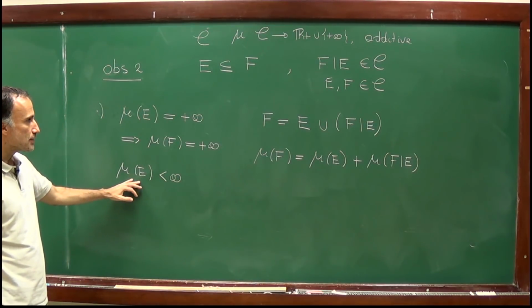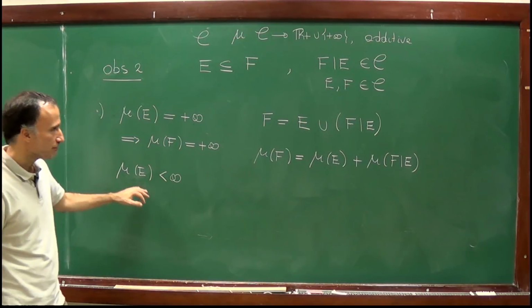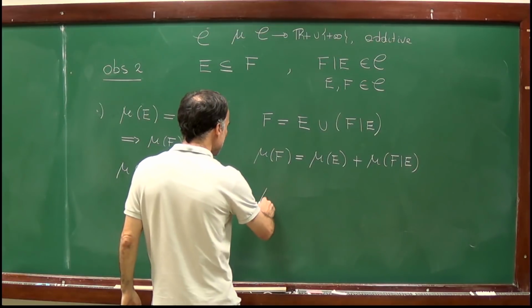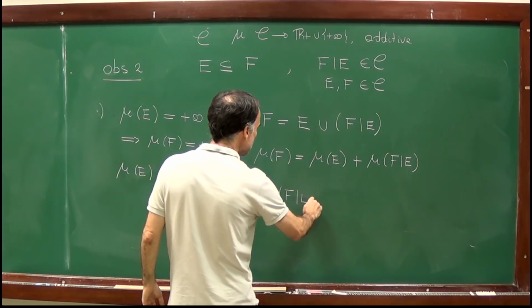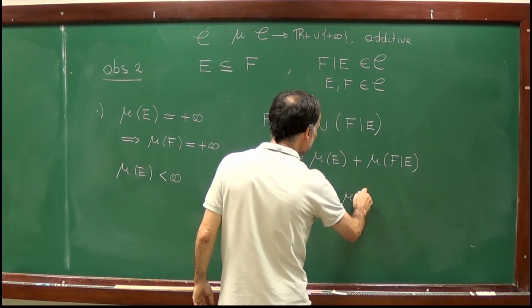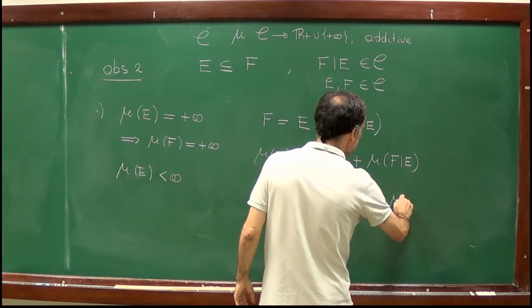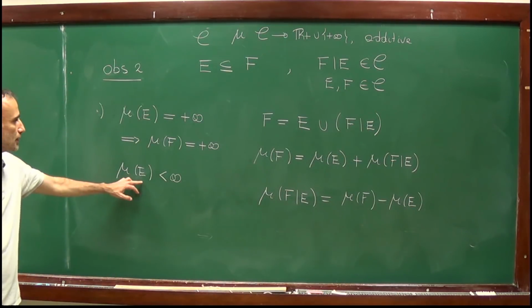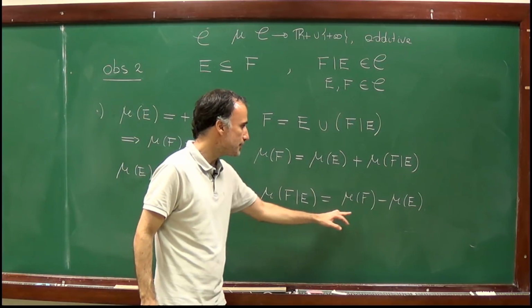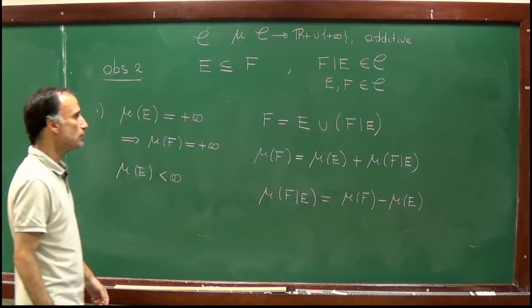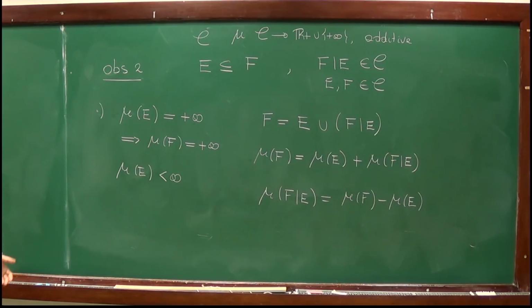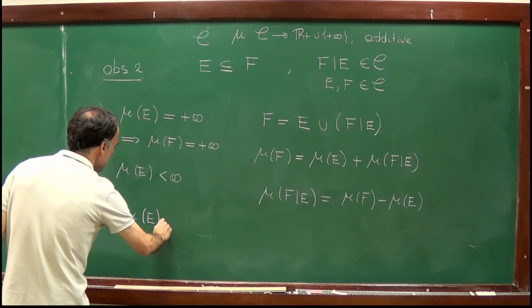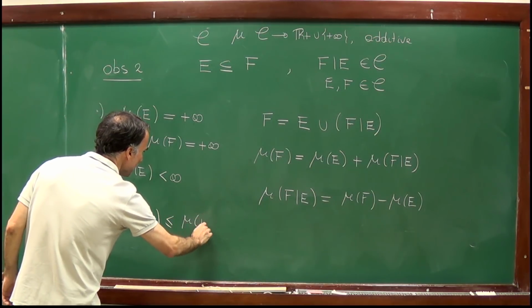So in this first case, we obtained that mu of F is equal to plus infinity. While in the second case, if mu of E is finite, we can subtract mu of E on both sides and conclude that mu of F minus E is equal to mu of F minus mu of E. In both cases, we conclude that mu of E is less or equal than mu of F. Right?